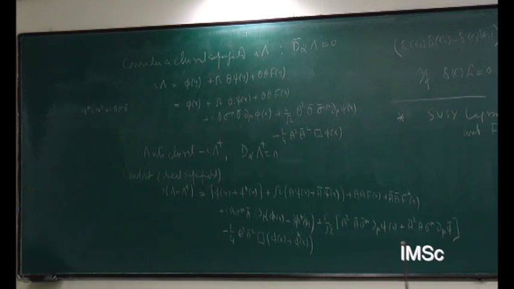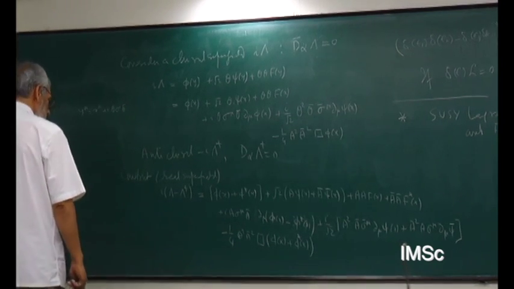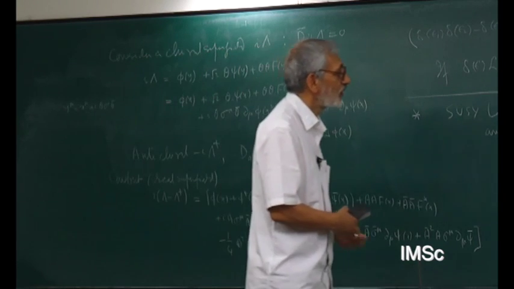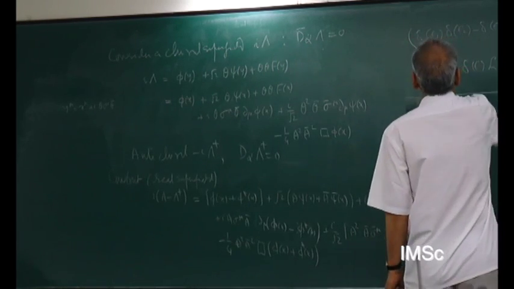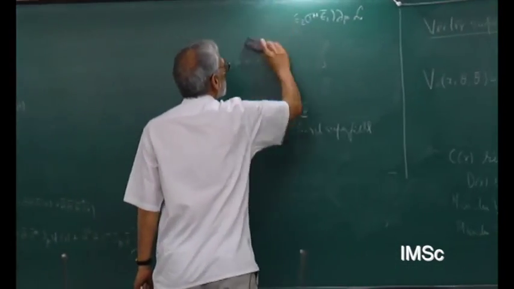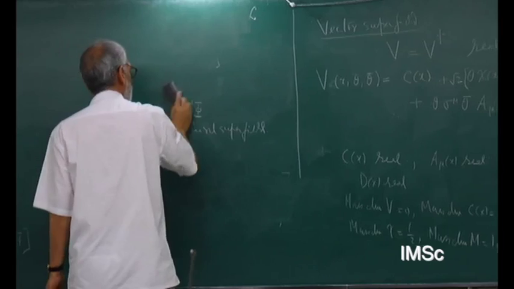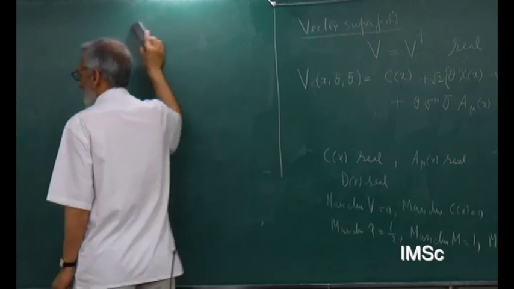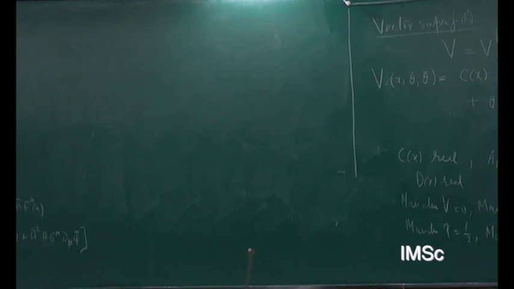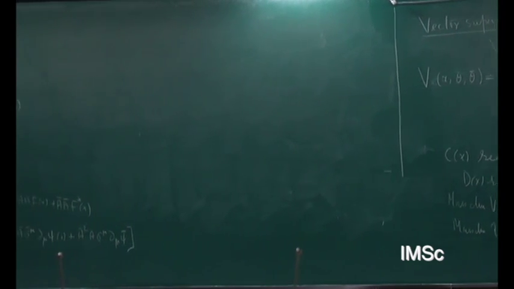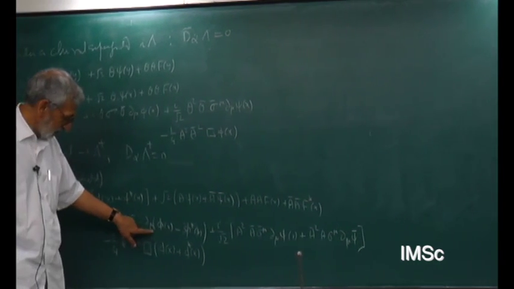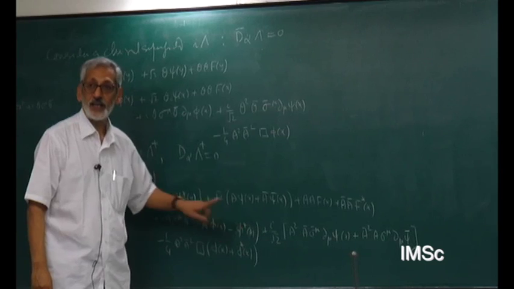An interesting thing to see is the coefficient of the theta sigma theta bar piece: d mu of phi minus phi dagger, phi star.